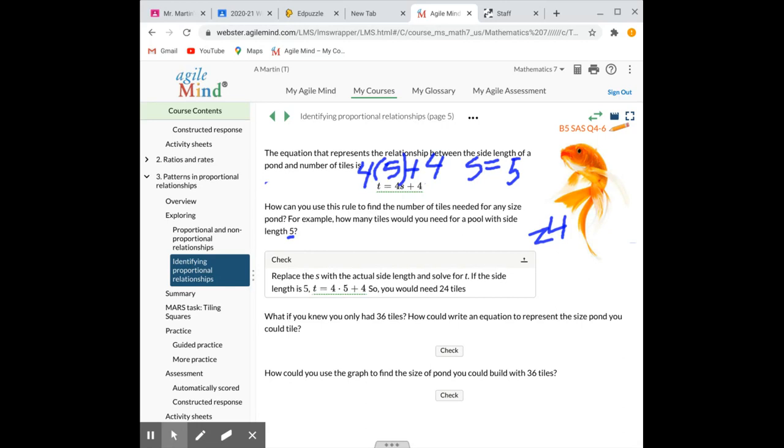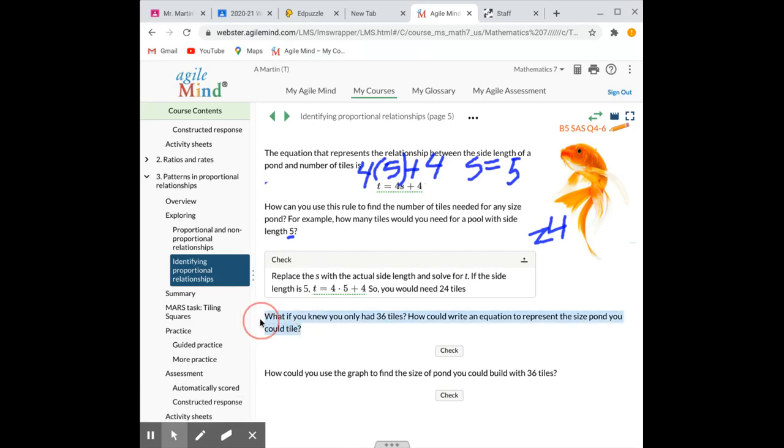Good. So that's saying that 4 times 5 plus 4 is 24, right? So let's look at that next one. Lainey, will you read that? How can you use this rule to find the number of tiles needed for any size pond?